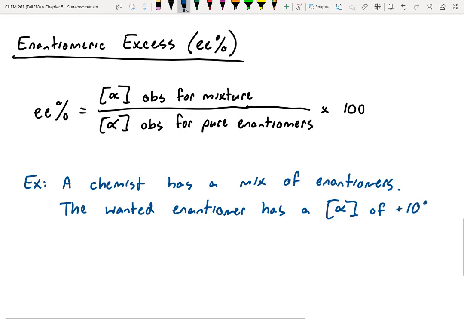So we're going to assume that the temperature, everything else is going to be the same for both of our samples. Okay? The mixture produced, meaning the one we isolated in lab, has an alpha or observed rotation of 5 degrees.